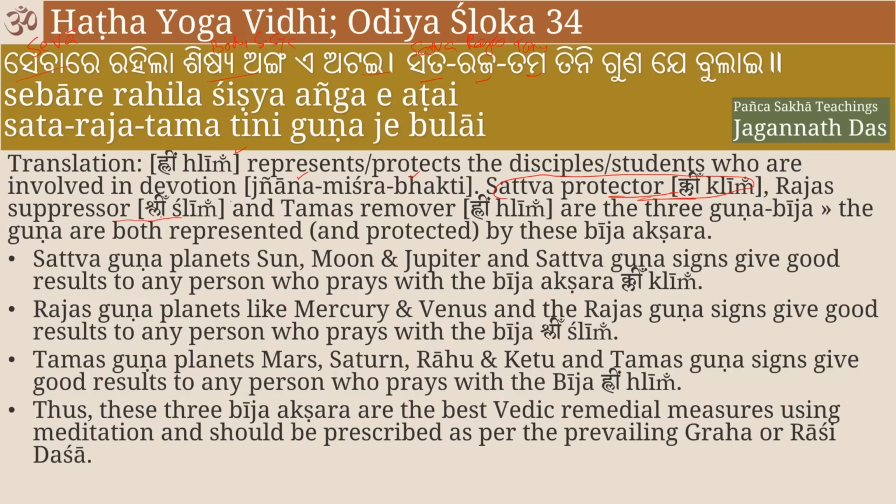That will be taught later. Whereas the tamas remover, which is the vital and most important one for a Shishya, is Hlim bija. Hlim is everything for you. And these three bijas are the ones by which all the three gunas will come into harmony.